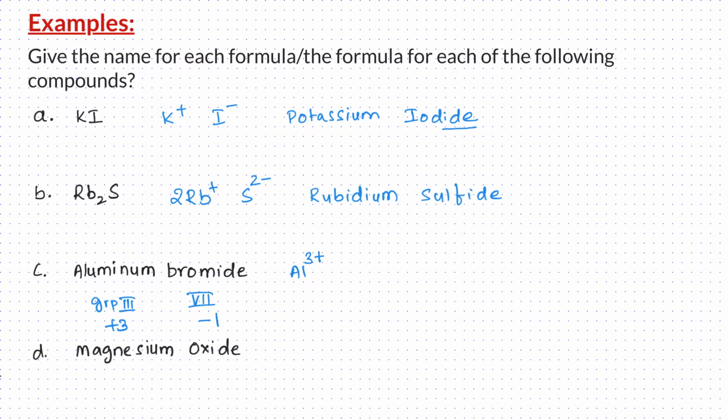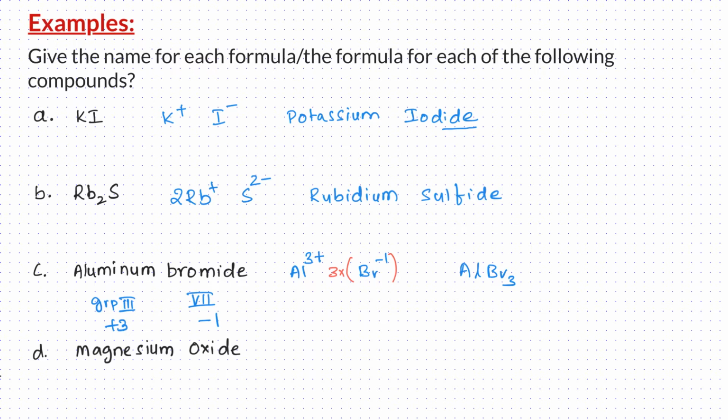That is Br-. So, to maintain the charge neutrality, aluminum bromide should contain 3 bromide ions for each Al3+ ion. Therefore, the molecular formula of aluminum bromide is AlBr3.